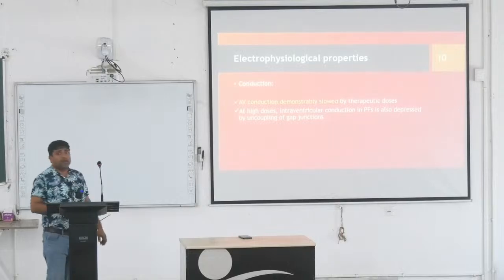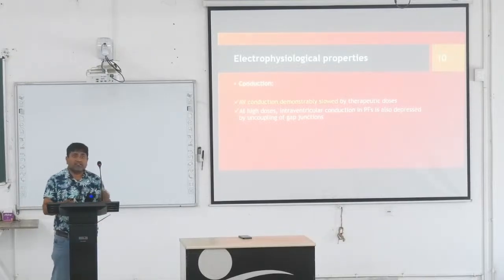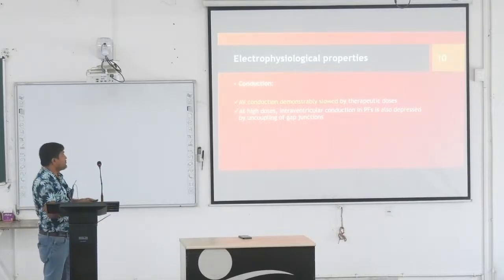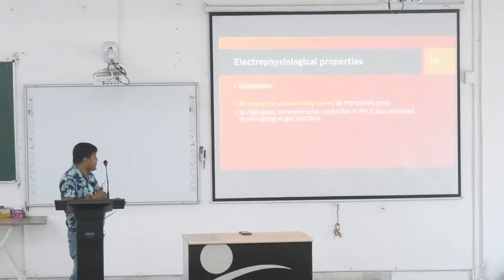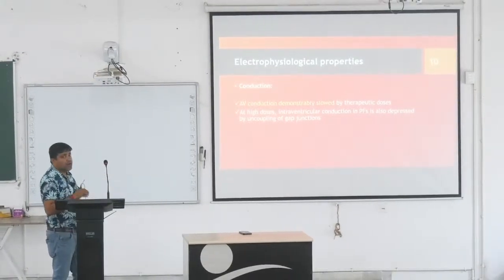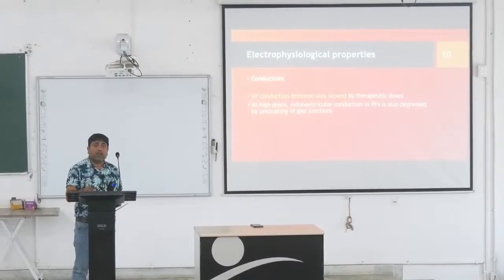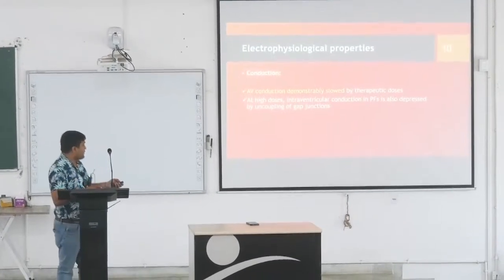Conduction. The atrioventricular conduction is slowed by the therapeutic dose. But at toxic doses, intraventricular conduction in the Purkinje fibers is also decreased.